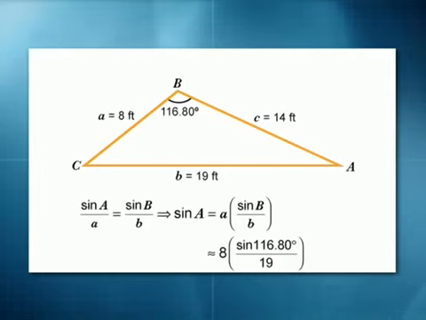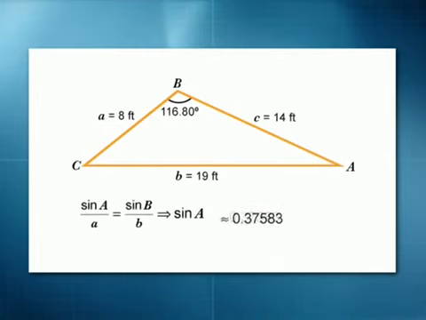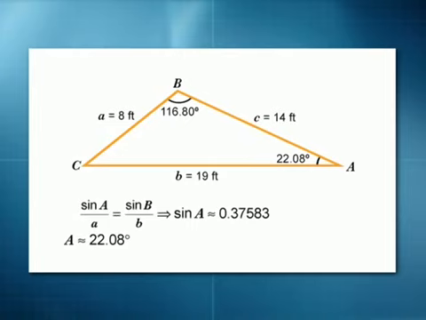Remember, side A was 8 and side B was 19, and we get approximately 0.37583. And then do the inverse sine function. A comes out to be approximately 22.08 degrees.